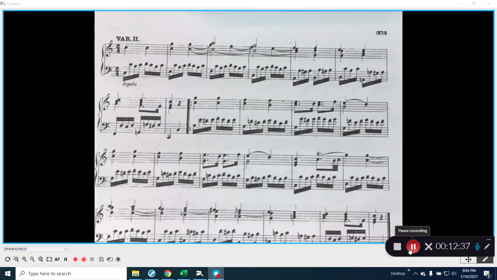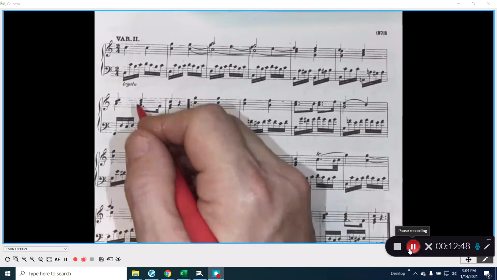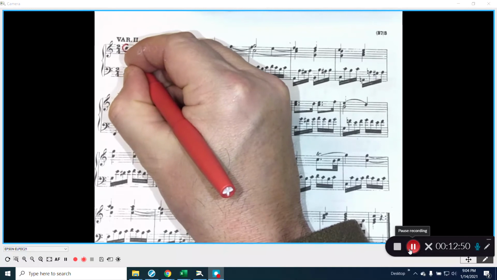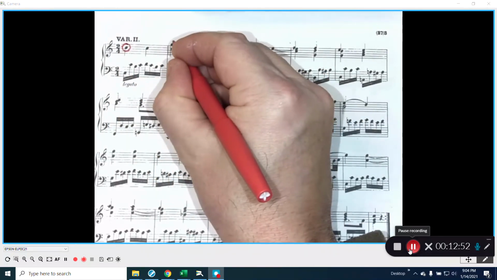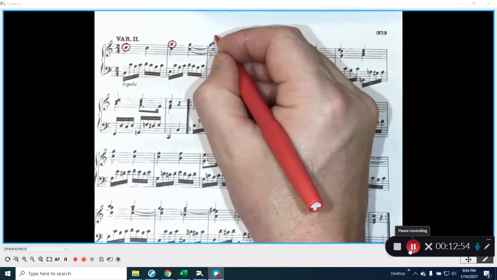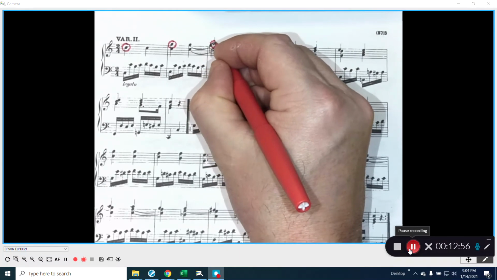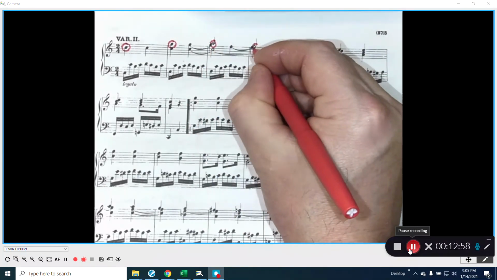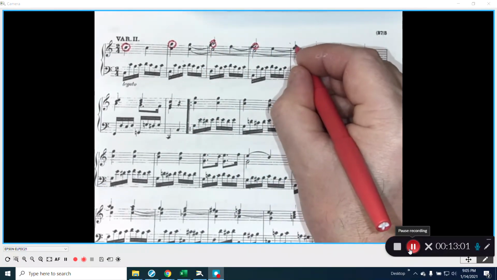Variation 2, we start to see that the melodic material is becoming more dense with harmony. But we can still go and look for our main notes, and we can find them. They're a little easier to find because they're not woven into that embellishment. Okay.